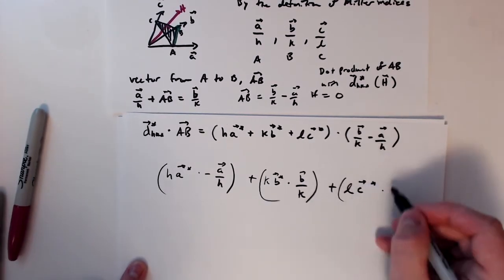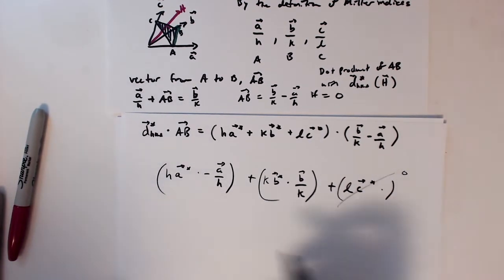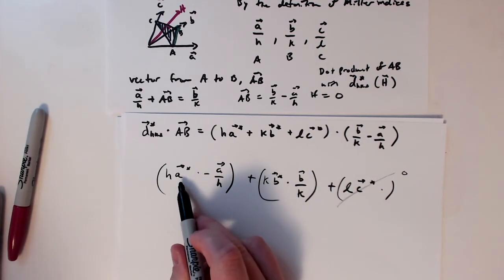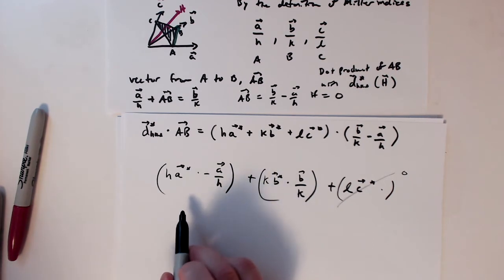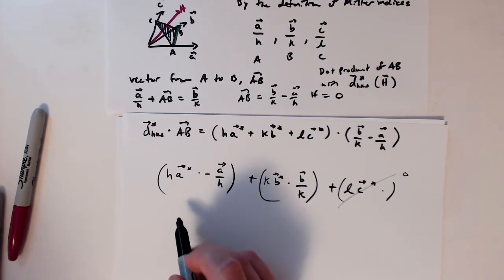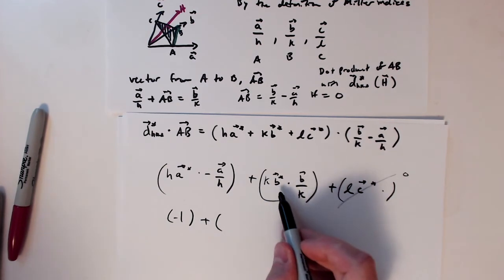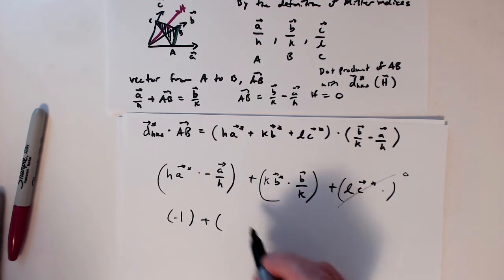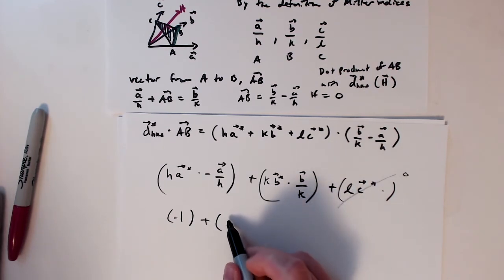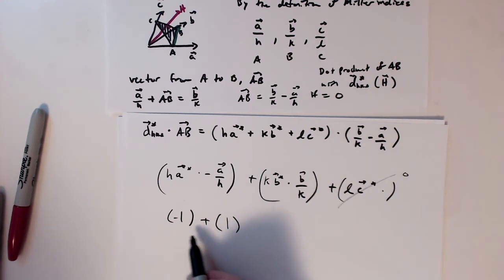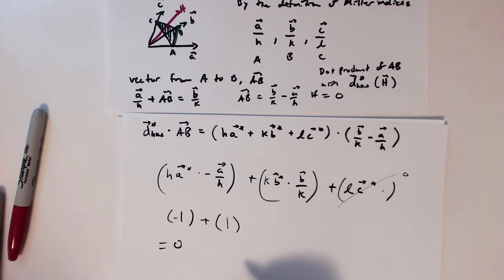So the last term goes to 0, and these are reciprocal, so we can use these together. When we multiply this, it's going to give us H over H, which is 1, in this case minus. Then, plus, again, B and B*, we have K over K, and that gives us 1. So effectively, our dot product is minus 1 plus 1, and so that is 0.